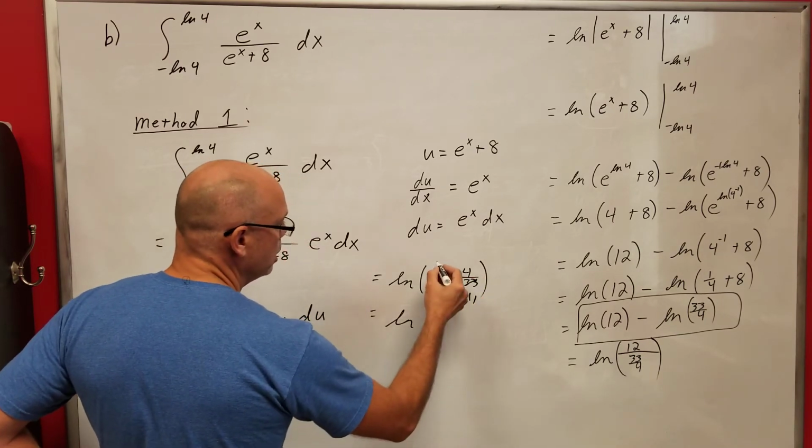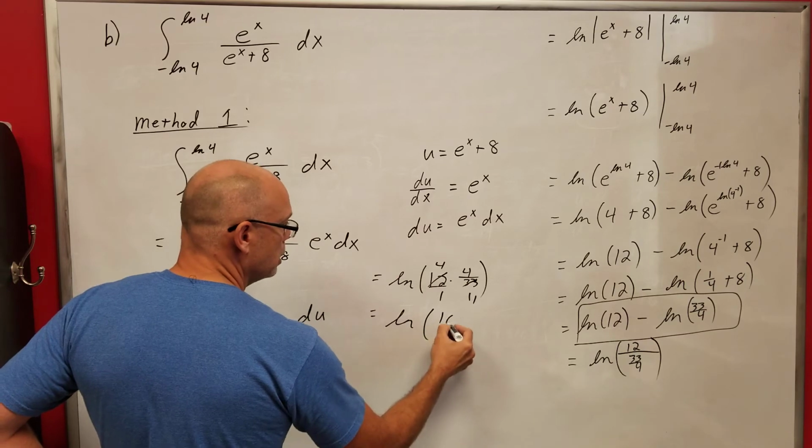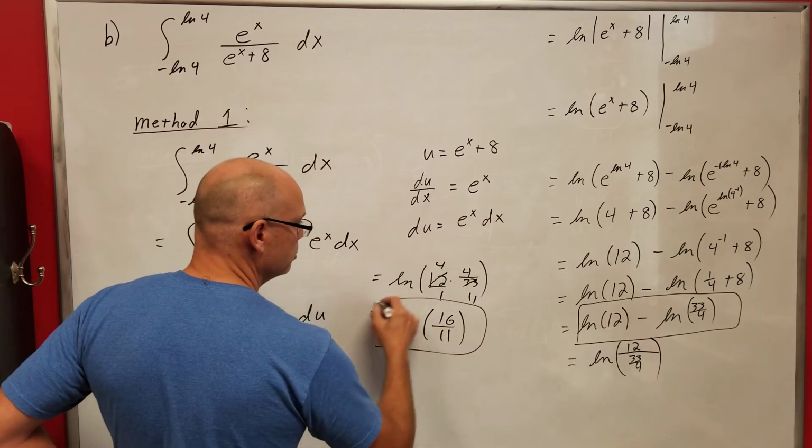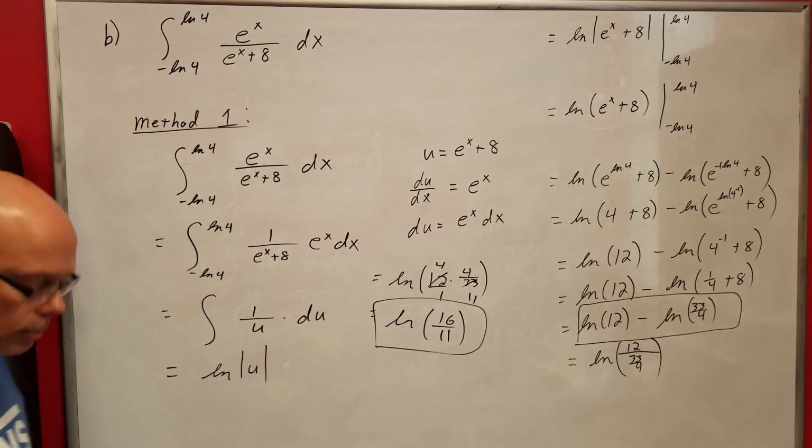You get 11 there, and you get what? 4 there. So I'm going to say natural log of 16 over 11. Either one of those is fine, though.